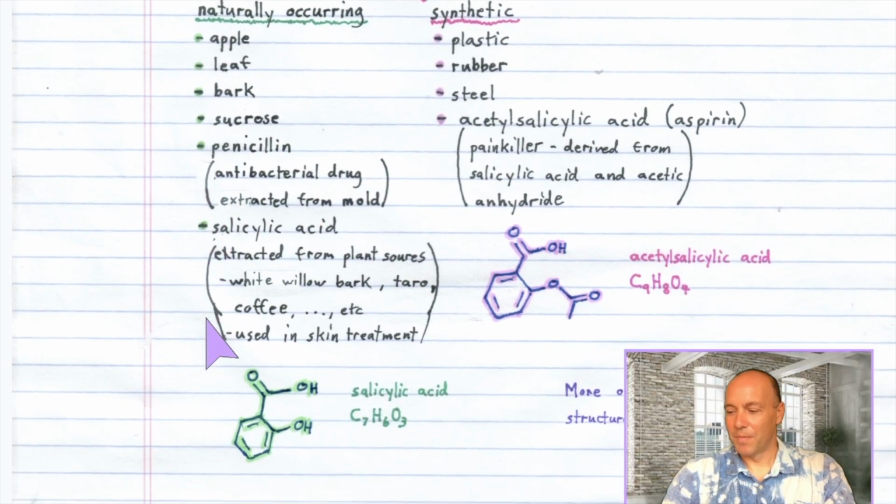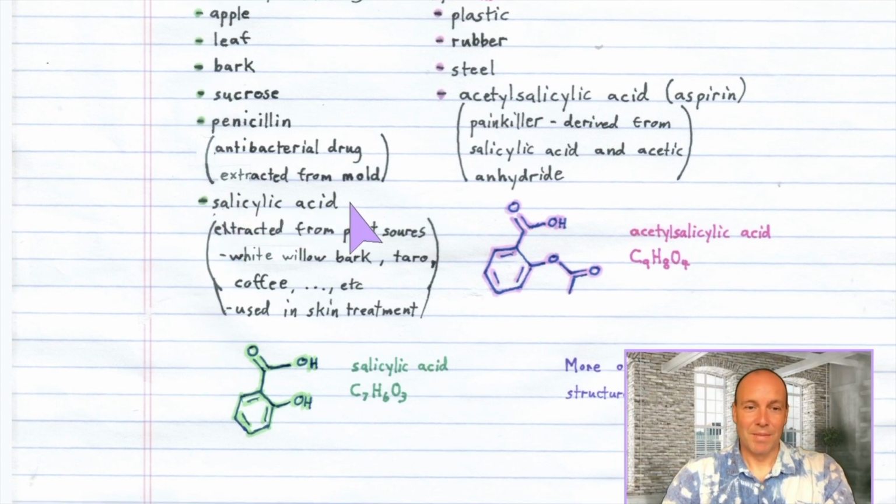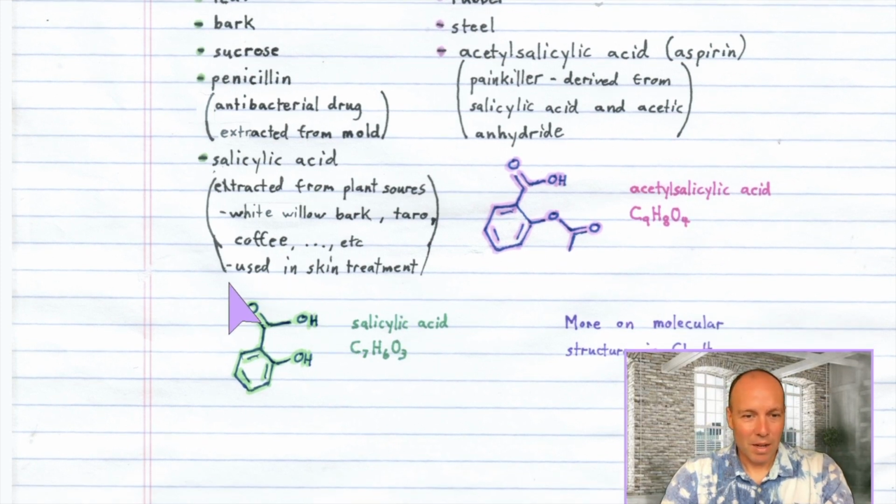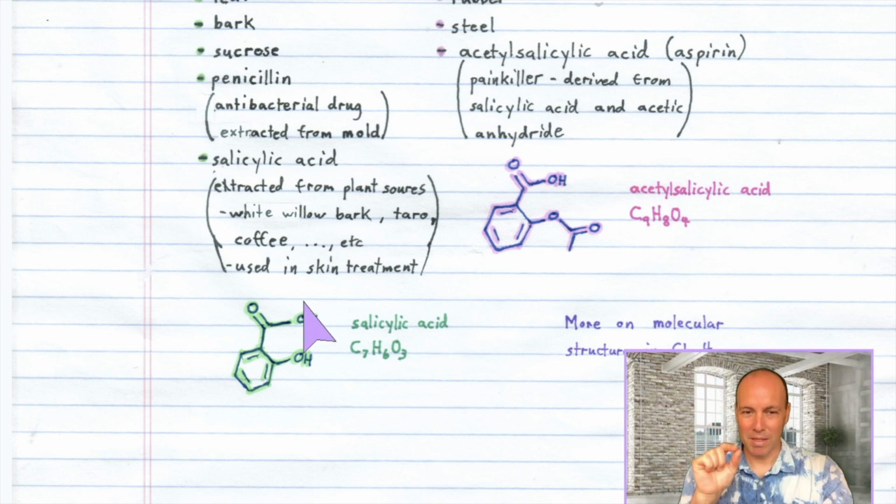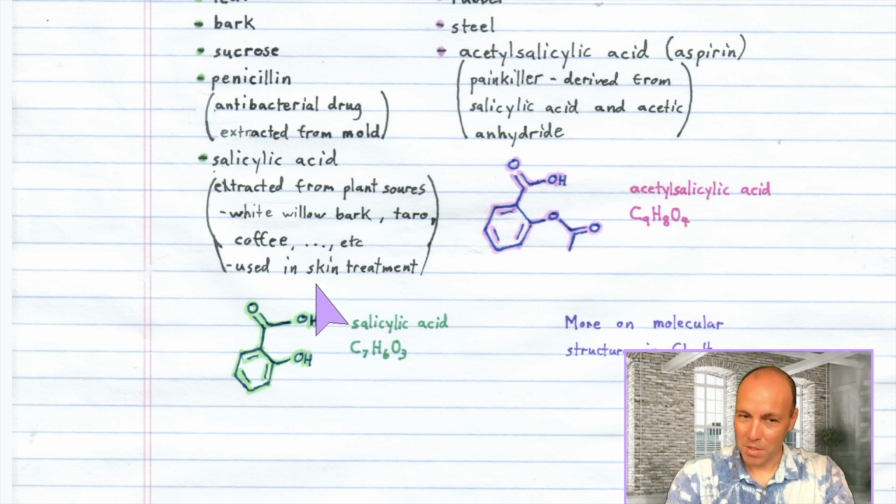Another example is salicylic acid. Salicylic acid is a substance which is extracted from plant sources like white willow bark, taro, coffee. Lots of other plants contain this, and it can be extracted out of those plants, and it's used in skin treatment. It's used for all kinds of purposes. Here is a representation of a molecule of salicylic acid, so that's the smallest particle of salicylic acid. We'll talk later about tiny particles, but here is a representation of it.